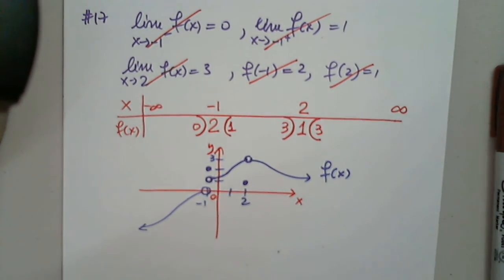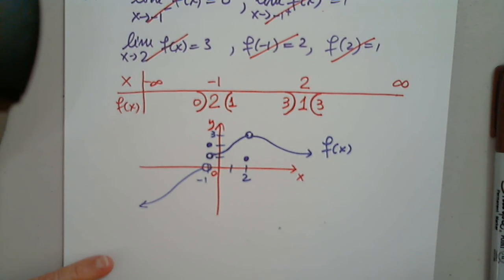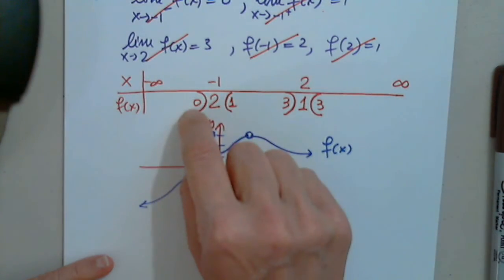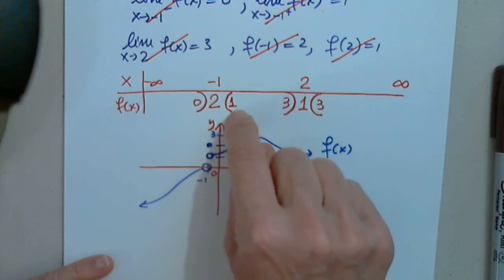Why are lines coming off of some points and not others? Like, you have your open circles and they have lines coming off of them. But your closed dots don't have anything. Because that's what this is telling us.